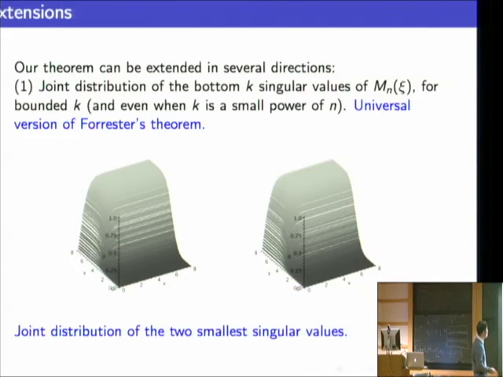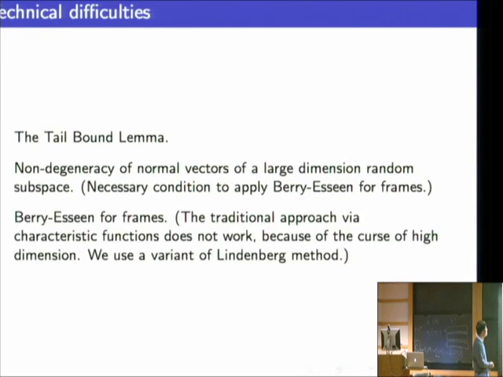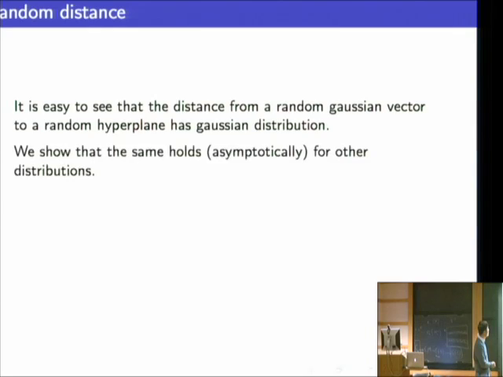Then we also have a universality theorem saying that the Gaussian assumption can be removed more or less, replaced by just a moment assumption. Okay, so there are a lot of technical steps that I omit.